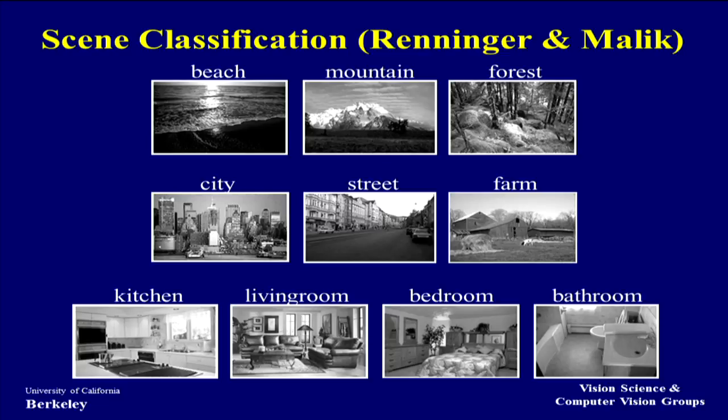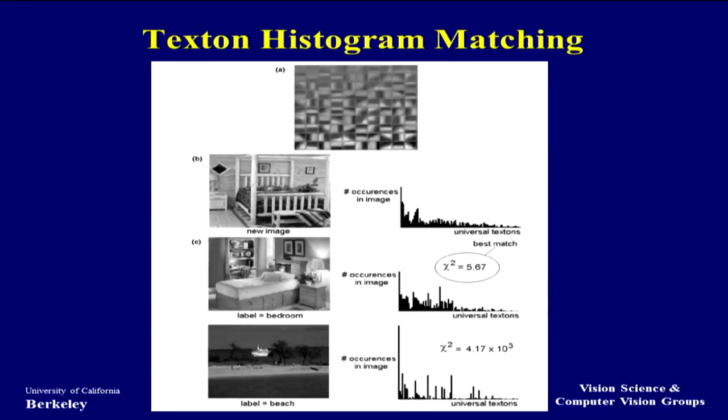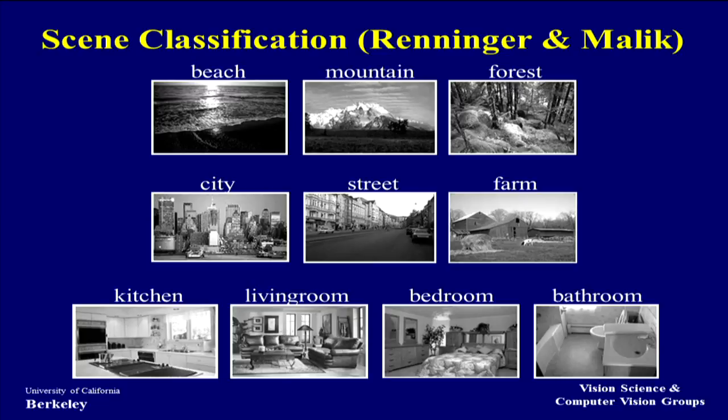This is maybe a little bit more fun, because here instead of 2 classes, you have 10 classes of different images. The images are beach, mountain, forest, city, street, farm, kitchen, living room, bedroom, bathroom. Okay? So you're presenting people with one of these 10 images, and then the person is supposed to tell you which class it is. And the person is supposed to do it very, very fast.